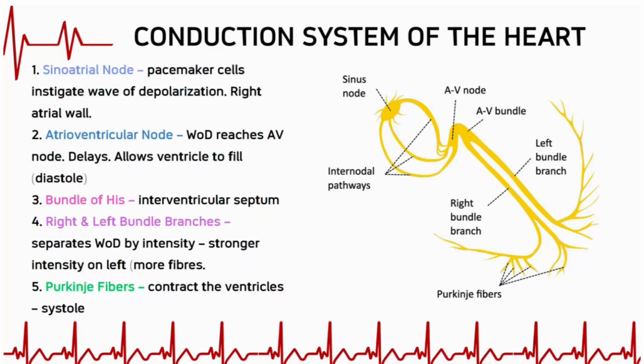If we have a block of the left bundle branch, for example, and we recognize it from the ECG, we need to be a little bit worried, because with a left bundle branch block, we may not be able to eject enough blood from the left ventricle to the systemic circulation, and we may have an impending cardiac event, perhaps an MI. Okay, so this is some clinical context. I hope that makes sense.